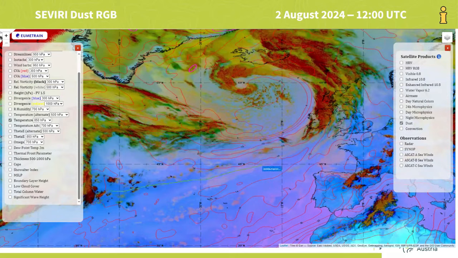But this is one of the good things of the dust RGB. Yes, exactly. That's it. Very nice. You see the darker blue, you see the lighter blue in the surroundings, and in pink you see the low-level clouds. So you can also take the dust RGB to identify low-level moisture, which is fine.